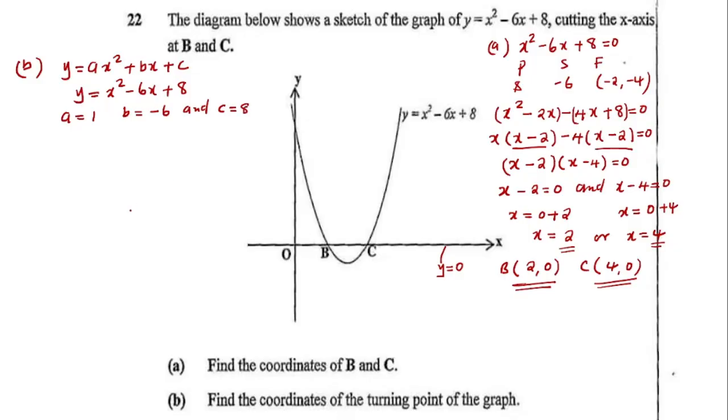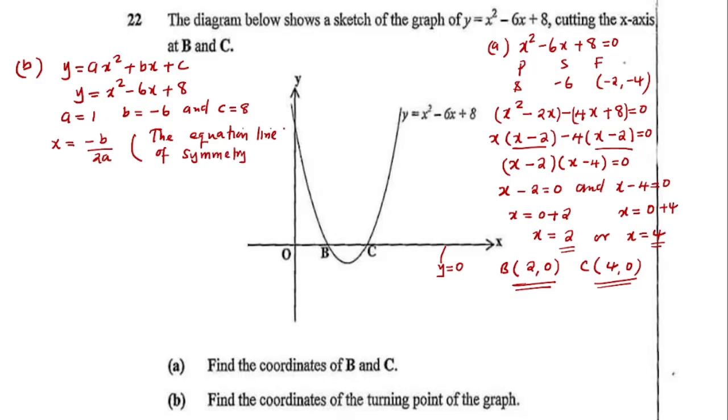So how do we find the coordinates of the turning point of a graph? First of all, we have to find the equation of the line of symmetry. It can be calculated by x equals negative b over 2a. Remember, this is the formula for the equation of the line of symmetry.